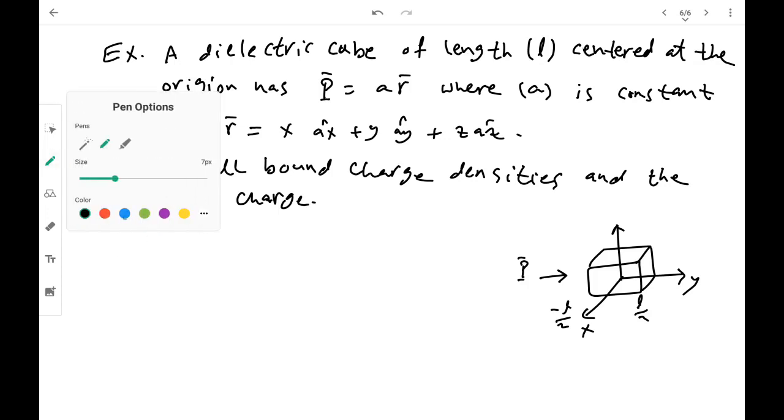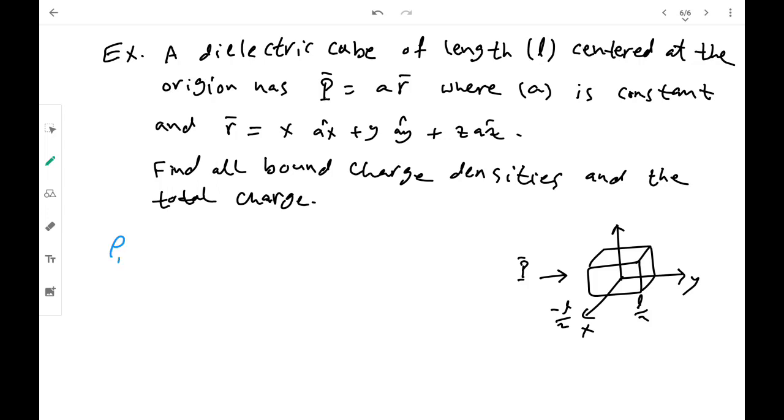To find the rho ps value, rho ps equals P dot a normal. So we have to work out rho ps at each surface, and we have 6 faces. For the front face, the normal to this face, a normal, is equal to ax.